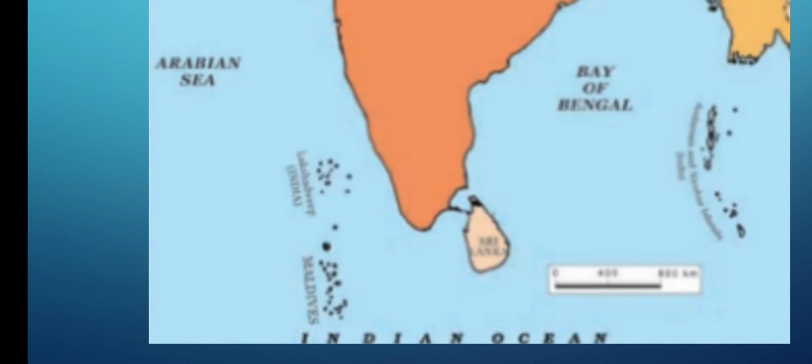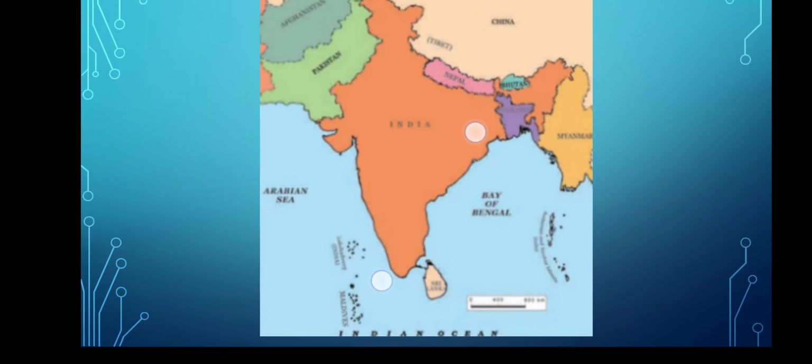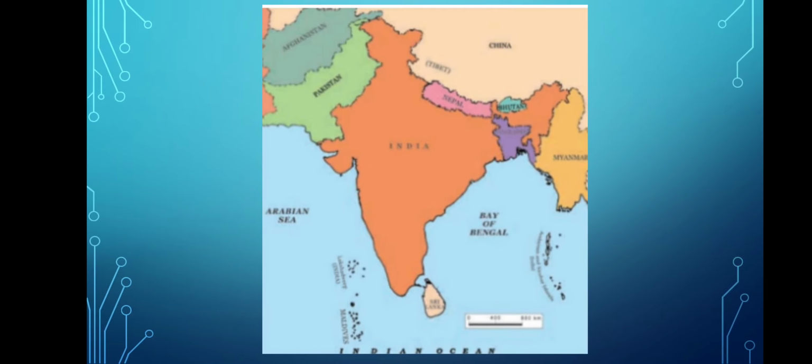Sri Lanka and the Maldives are also our neighbors, but they are not sharing any land border with our country. So from here you have to practice which countries are sharing a border with India, as well as which are our neighbors in the south but not sharing a border, being separated by a water body.